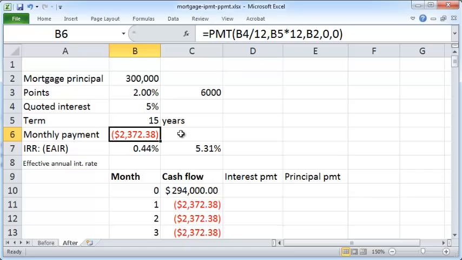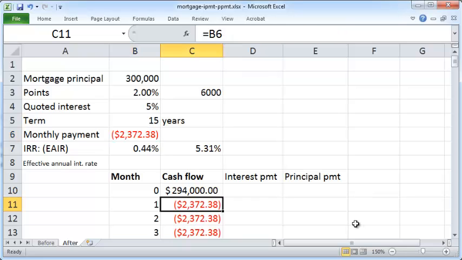So you need to multiply 15 times 12, and B2 is the principal amount, which is $300,000, and this zero represents the fact that at the end of your repayment period you will have $0 outstanding. That means you will repay the entire mortgage, and this final zero here indicates that you will make your payments at the end of each month.